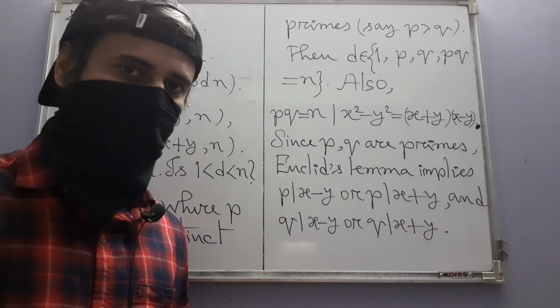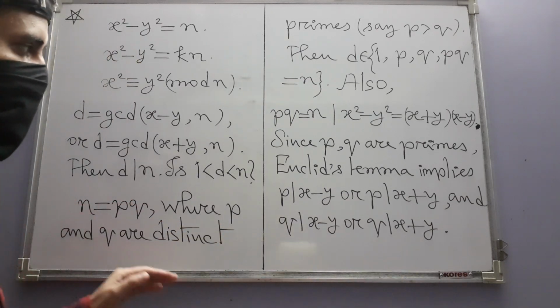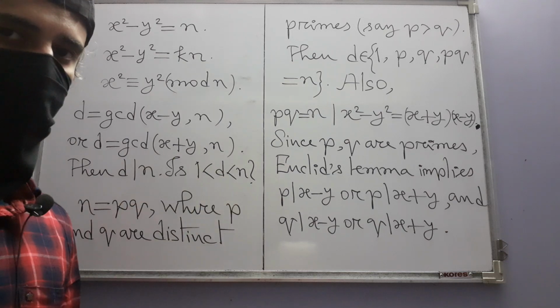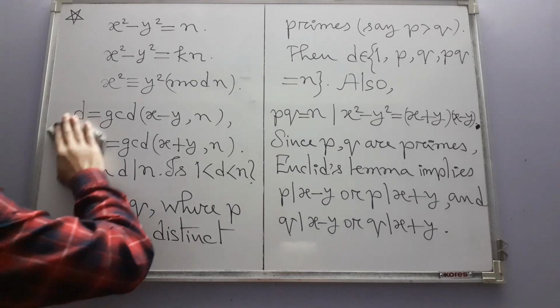Fine, so we haven't really done anything new. We are just seeing what is the consequence of n being pq on this. Now we are going to see two conditions.